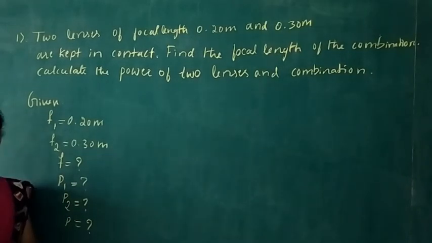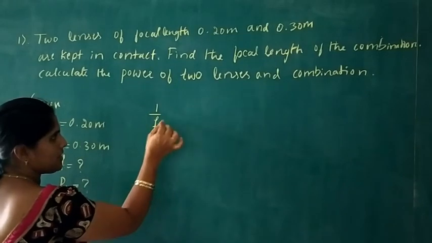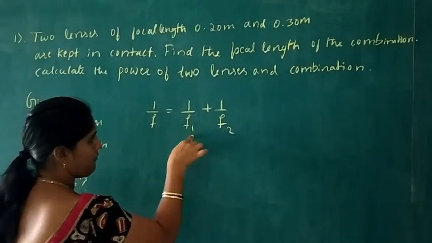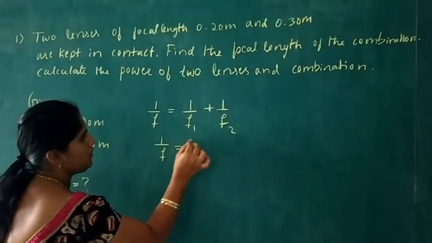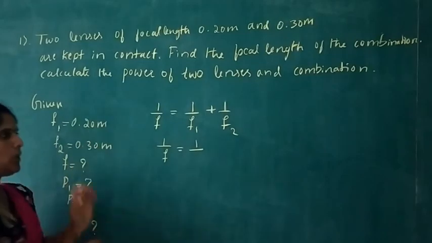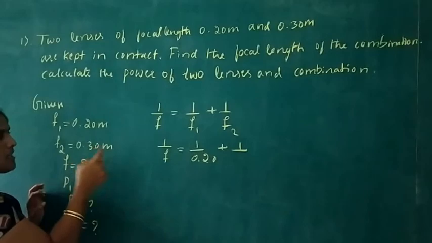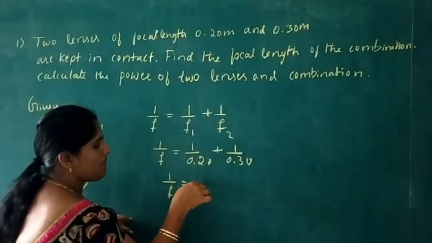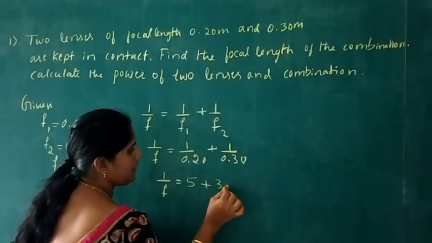We know the formula for the effective focal length: 1 by F is equal to 1 by F1 plus 1 by F2. Here F1 and F2 are given, so calculate F. 1 by F is equal to 1 by 0.20 plus 1 by 0.30. 1 by 0.2 means 5, plus 1 by 0.30 will get 3.33.